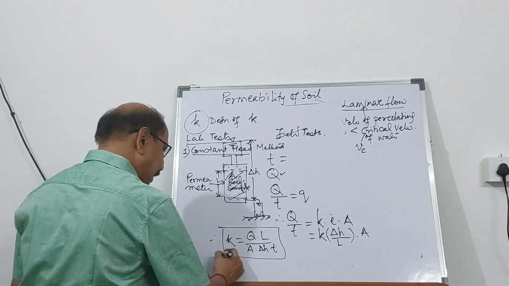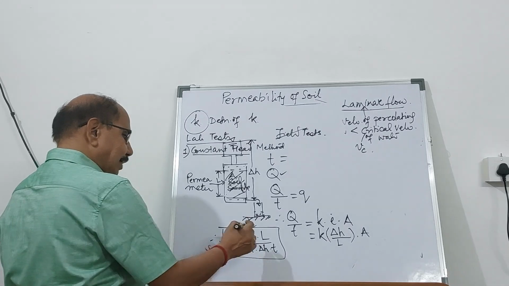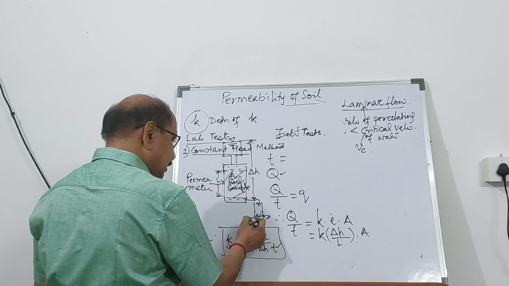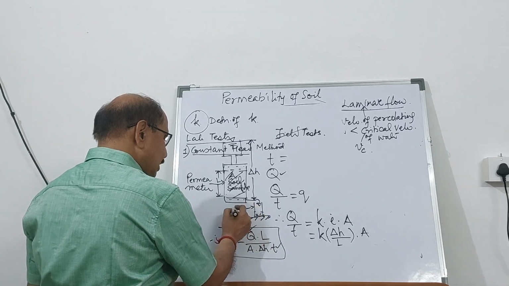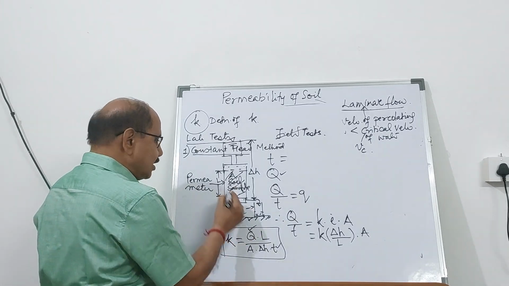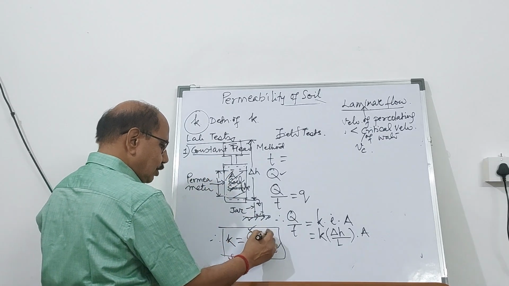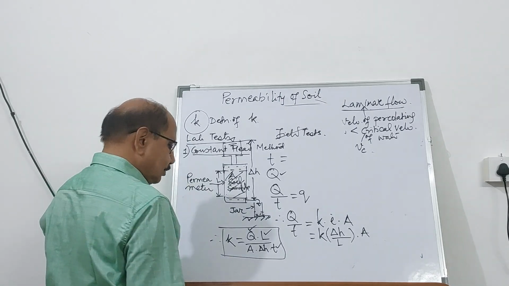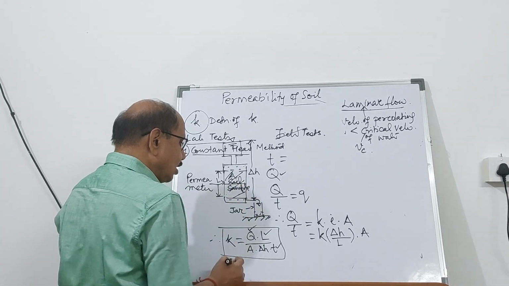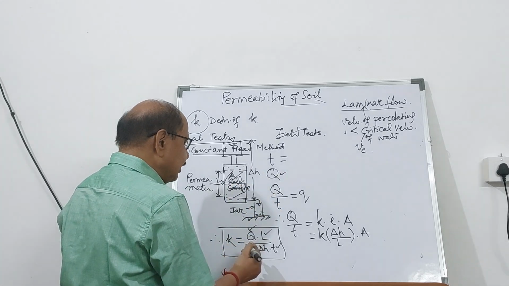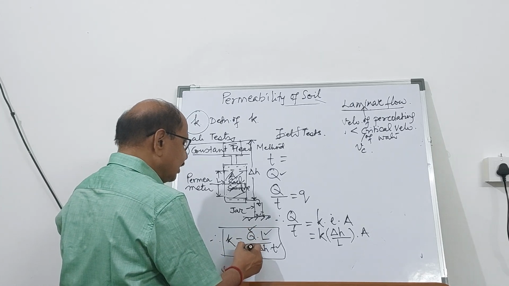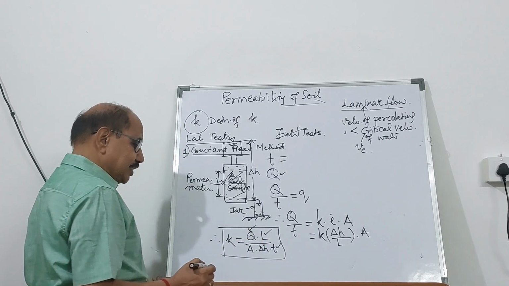So a simple way, Q you have already in a given interval of time T, you have collected the discharge in this measuring jar, and the length of the sample you already know in the permeameter soil sample. The cross-sectional area, if you know the internal diameter of this circular permeameter, pi by 4 d square, the diameter of the permeameter will give you the cross-sectional area of the sample.